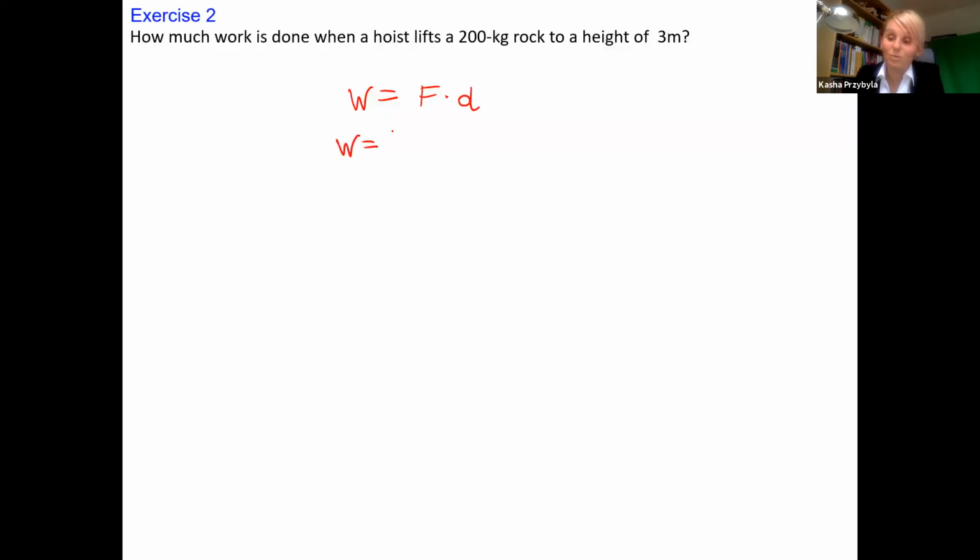Because this is mass, 200 kilograms, how will we compute force? And the distance is just 3 meters.